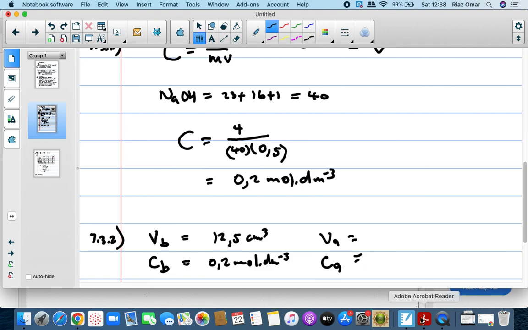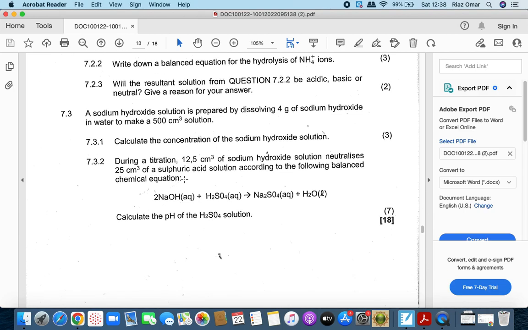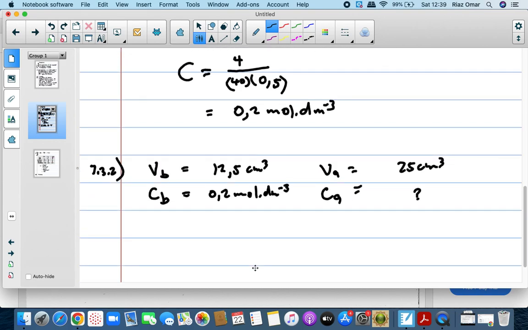And then going further, neutralize 25 centimeters cube of sulfuric acid solution. So that's your volume. And we won't know the concentration of the acid, right?